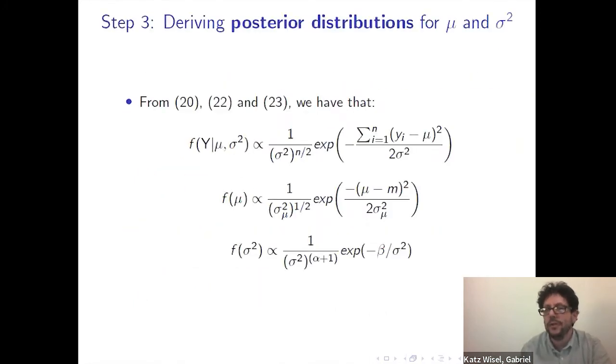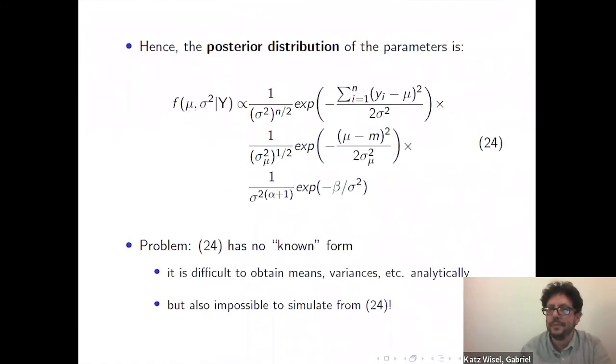Okay, so let's do that. I have the data likelihood, I have the prior for mu, I have the prior for sigma squared, and applying the Bayesian mantra, posterior is proportional to data times priors, I arrive at equation 24.